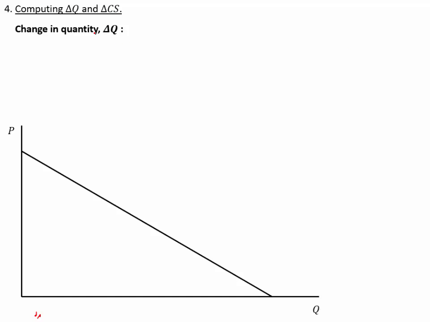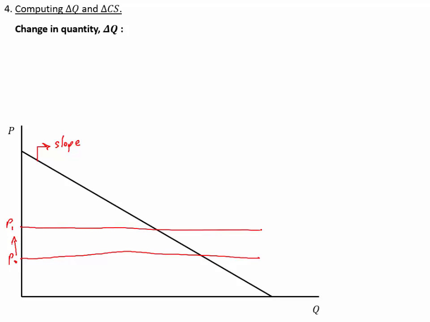Let's start with change in quantity, delta Q. Again, we have some demand curve, and by now we've actually got a numerical number for its slope. And we're trying to analyze a policy where, for example, the price is going to go up from P0 to P1.